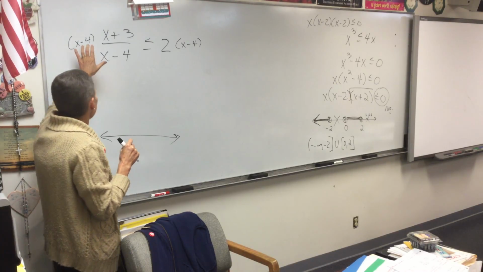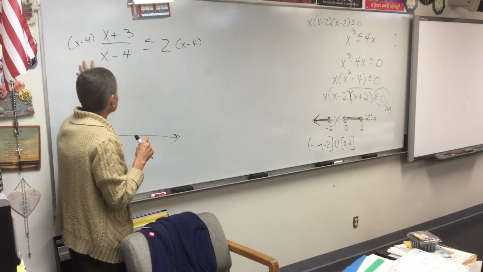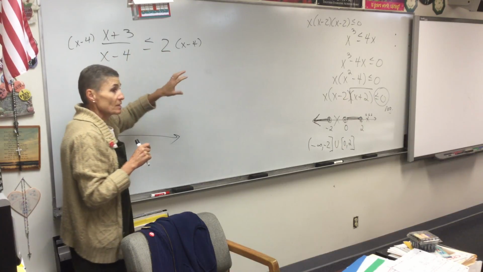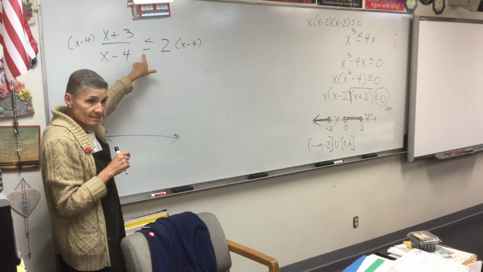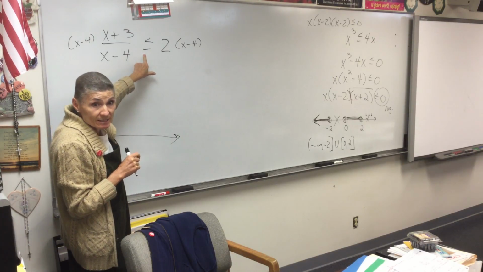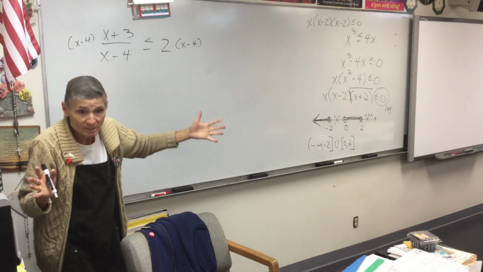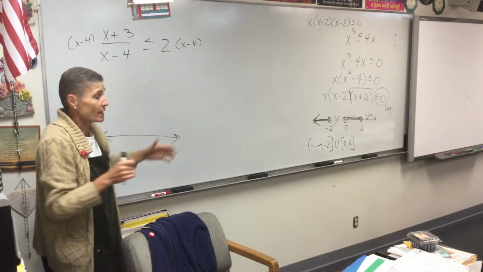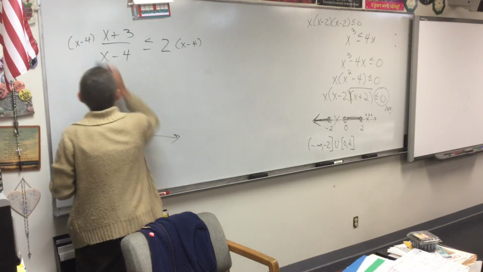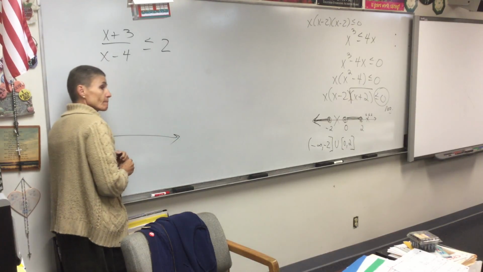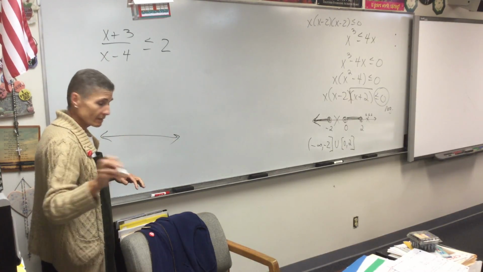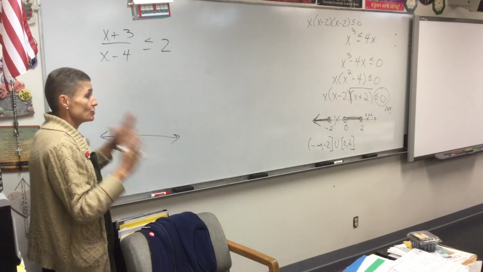Yeah. I can't multiply in an inequality by something that could be either. Because if it's positive, the inequality stays the same. If it's negative, it changes, and I don't know what to do because I don't know if it's positive or negative. So that is not an option. Don't do it. Somebody will, and I'll just mark it wrong and make a comment. You can't do it.